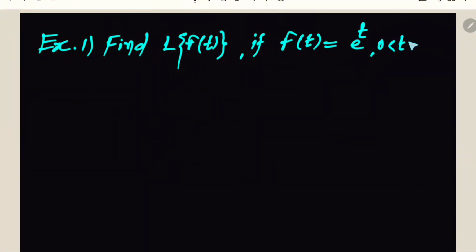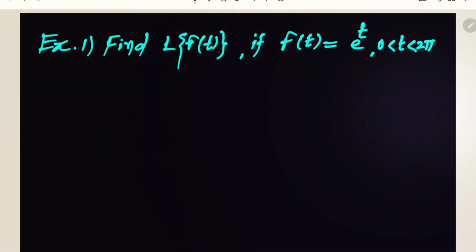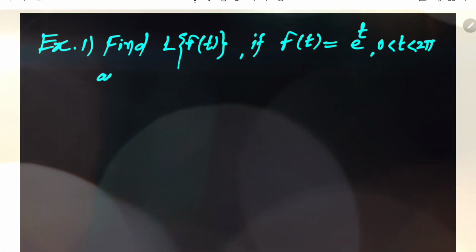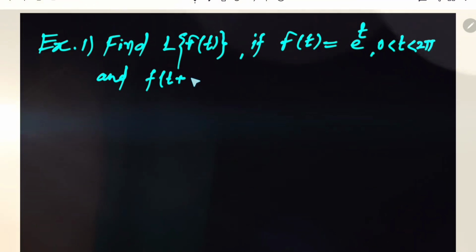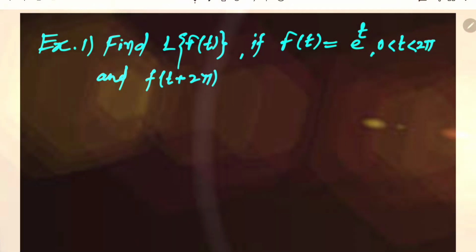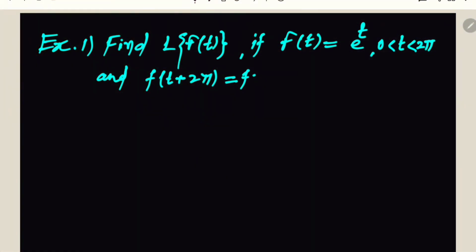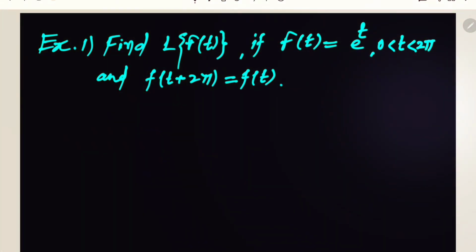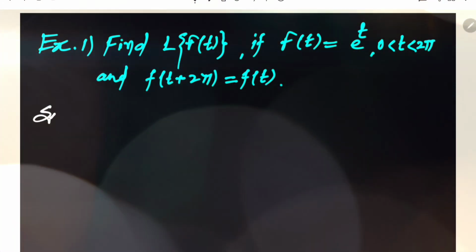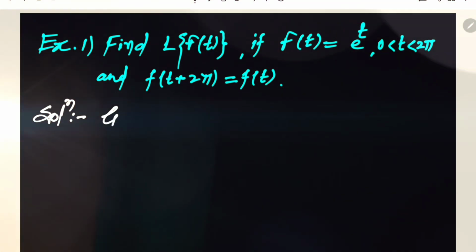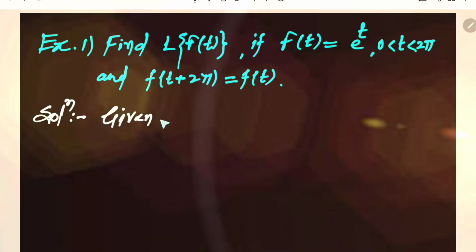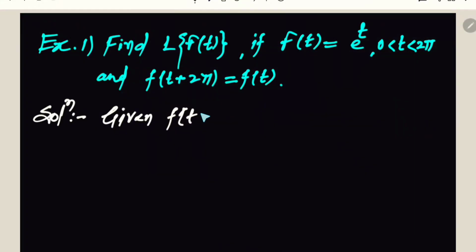This is the given function, and along with this, the other information is that f of t plus 2 pi is equal to f of t. This condition means that the given function is a periodic function, whether it is mentioned or not, and its period is capital T, whose value is 2 pi here.